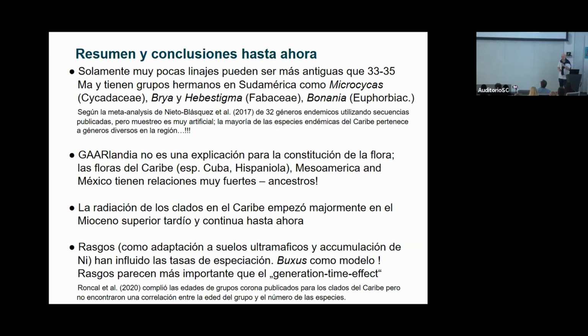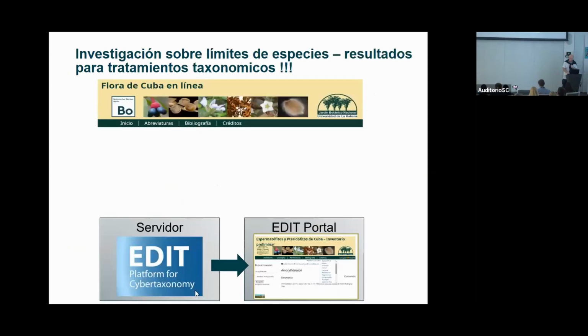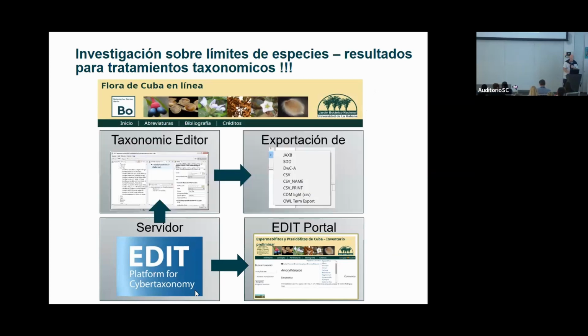And we also have to look at traits to understand really what the generation time effect is, which says, are there many species, is there a lot of time, and does that correlate with the number of species in an island or the Caribbean? That proves not to be very relevant. It's rather the traits, and adaptation to nickel is one, but there are many other traits, and I think that will be the work for the coming years to look at.